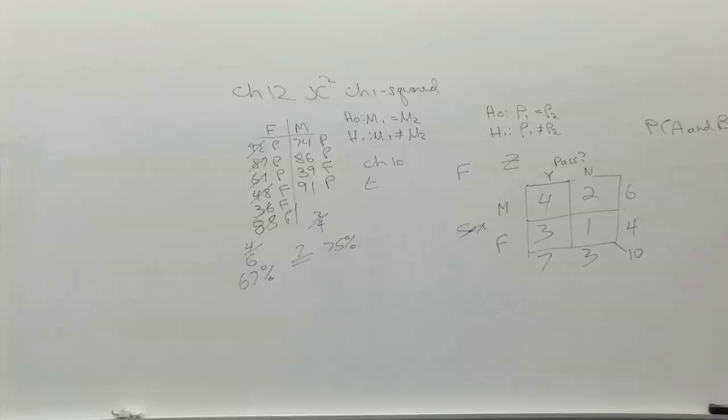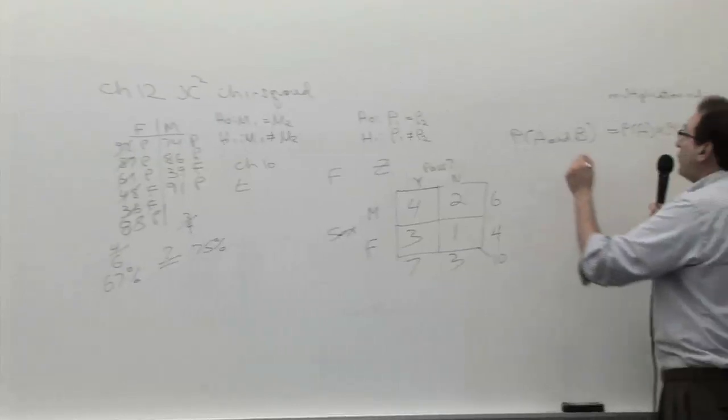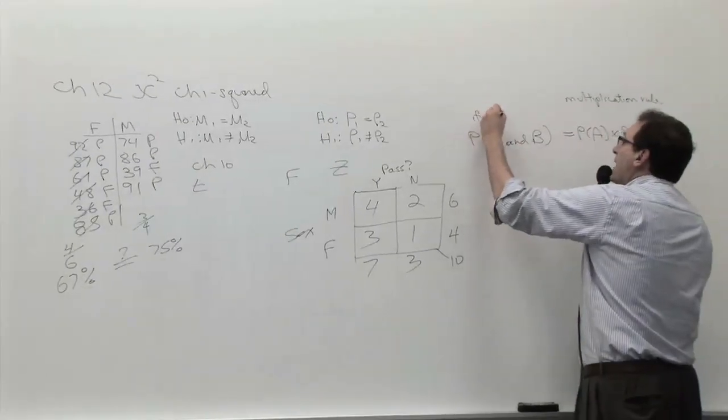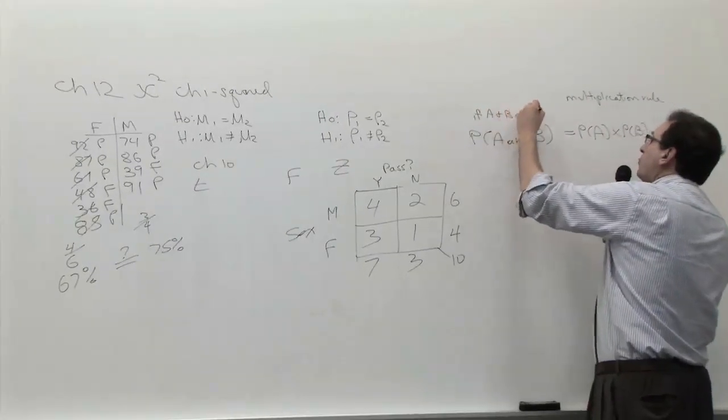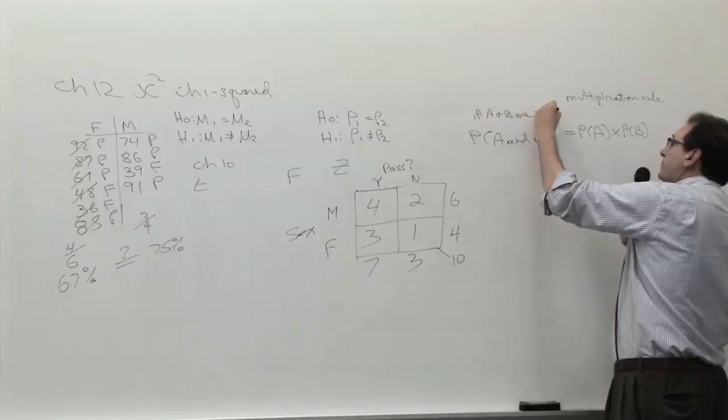But that rule can only be used, because we're trying to figure out the joint probability and decompose it into two separate little probabilities, if A and B are truly independent.